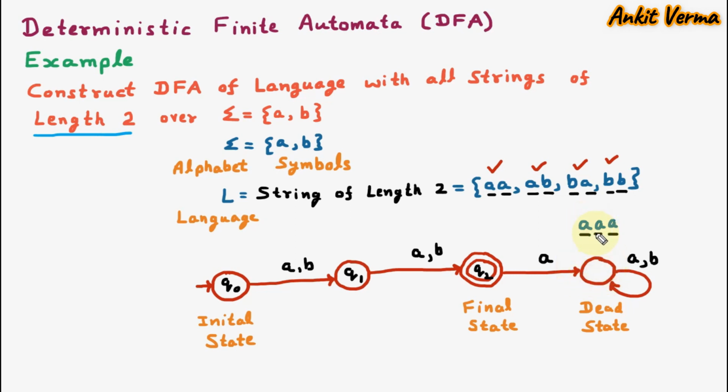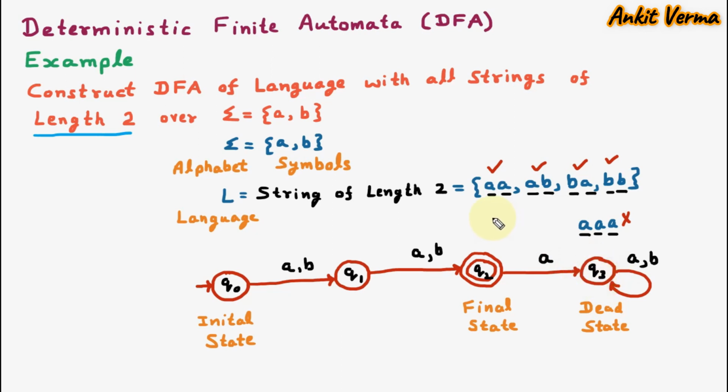That means this string is not accepted by this DFA. So this is right. This is solving our purpose, because this is of length 3 and this should be rejected. So this move is correct. Now this state I am giving the name Q3.